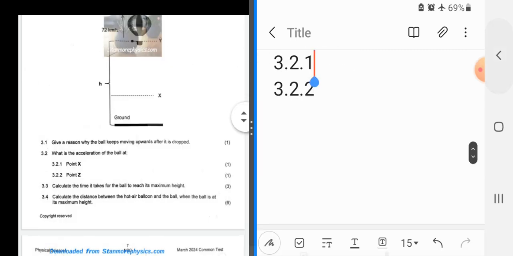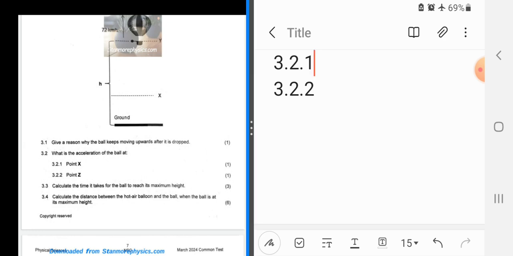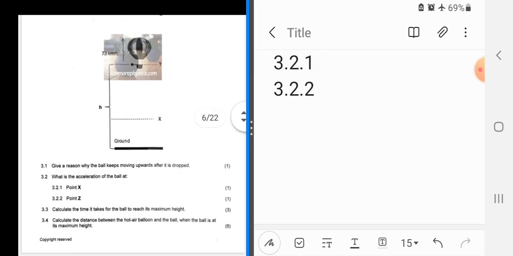For 3.2.1, the question says, what is the acceleration of the ball at point z? Firstly, we need to check at point z. So z is there above h.